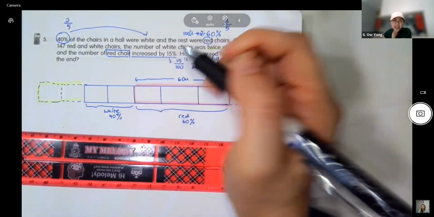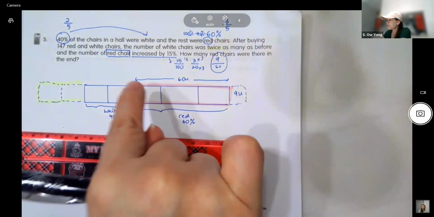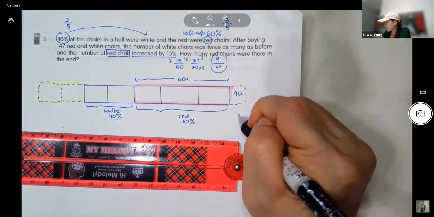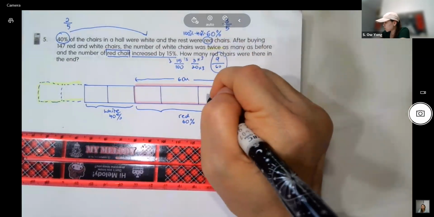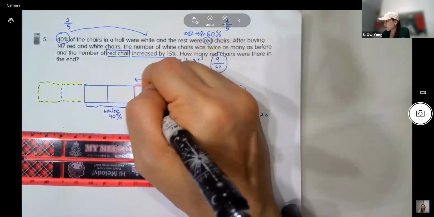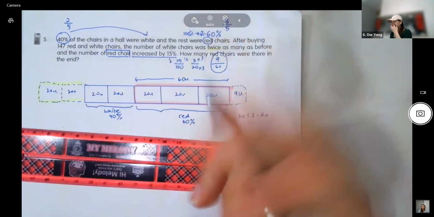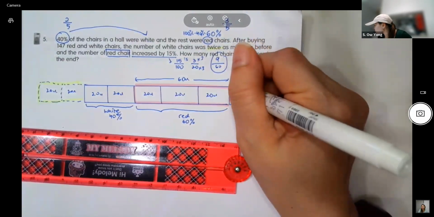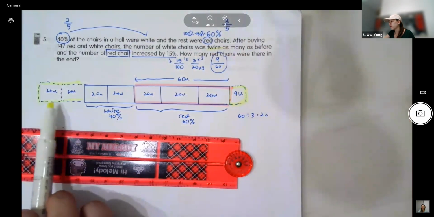So if I say this is 60 units, meaning each box, how many units do I put in? 60 divided by 3, 20. So I put in 20 units in each box. The red increased by 9 over here, and the white increased by 40 units.